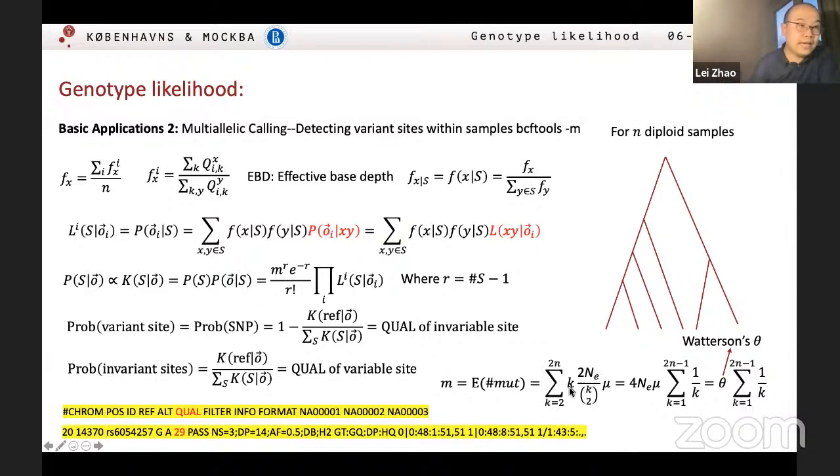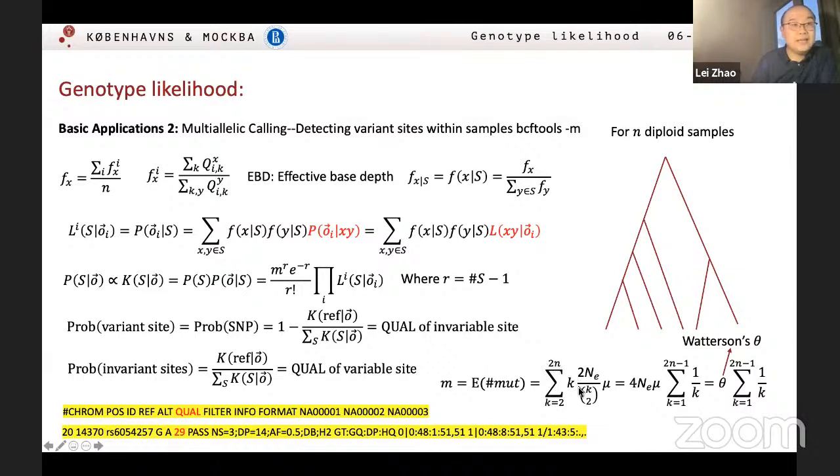Like this K to NE here, basically you can just mean the population size, and in population genetics it is called the effective population size. If I go deeper, it basically means the population of a Wright-Fisher model. And little n here basically means the sample. Suppose you have n diploid samples, and you will have 2n chromosomes.